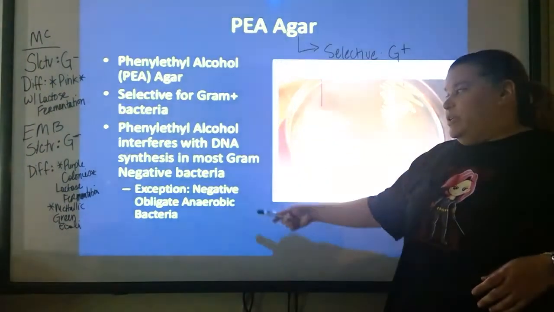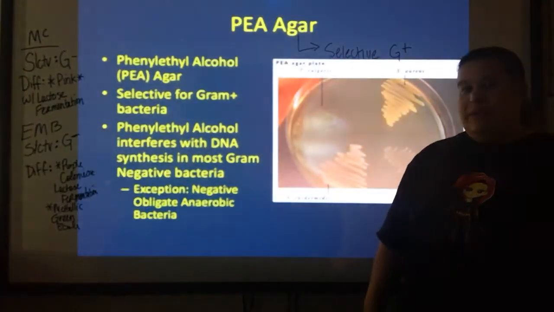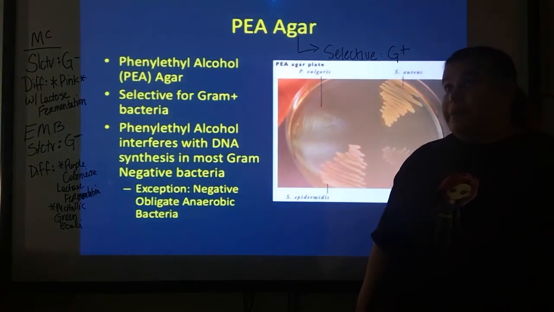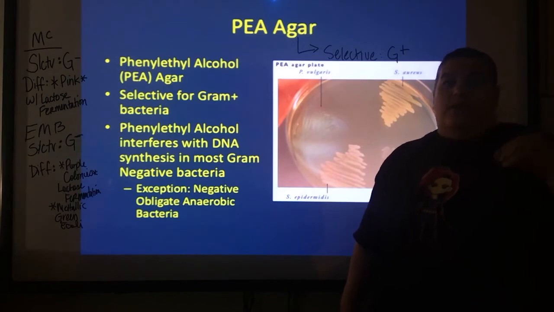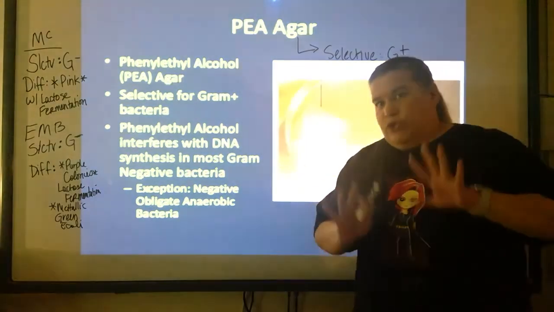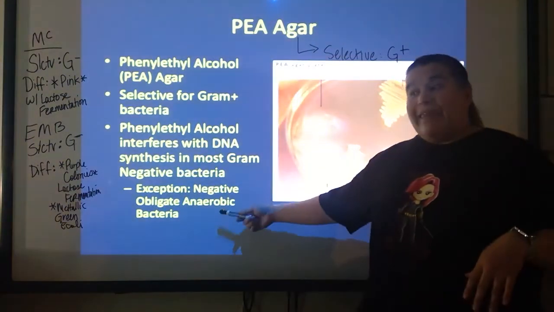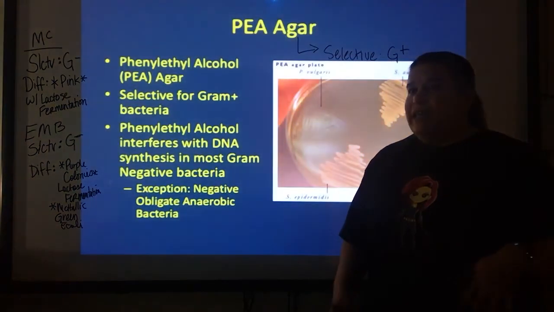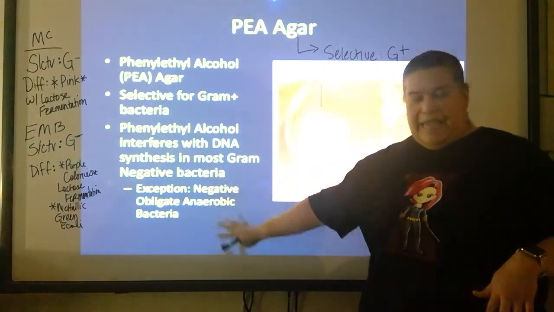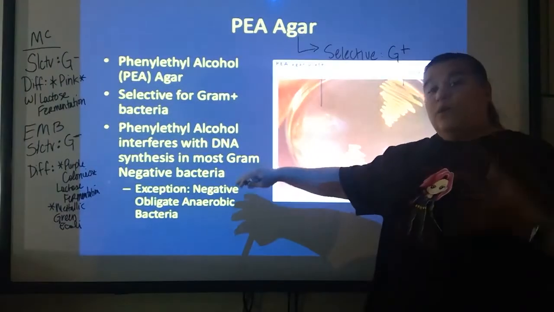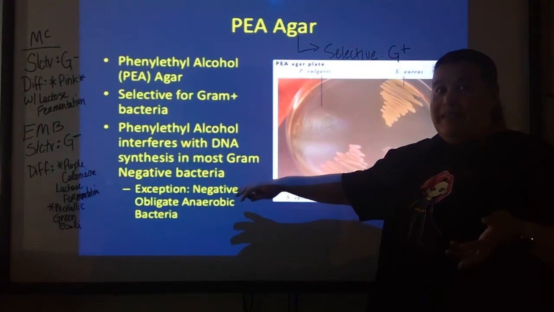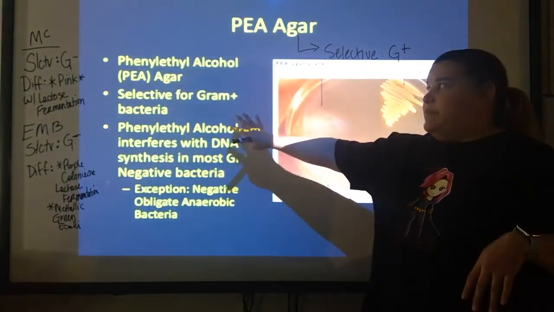The only exception are going to be gram-negative obligate anaerobic bacteria. We don't have chambers with no oxygen here at CBC, so nothing that we have out of that pool of 9 belongs to this category. The only thing that we have that will grow on PEA has to be gram-positive.